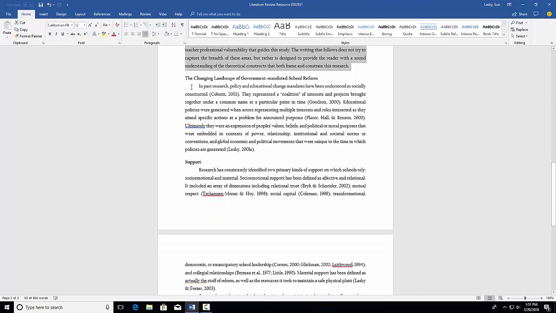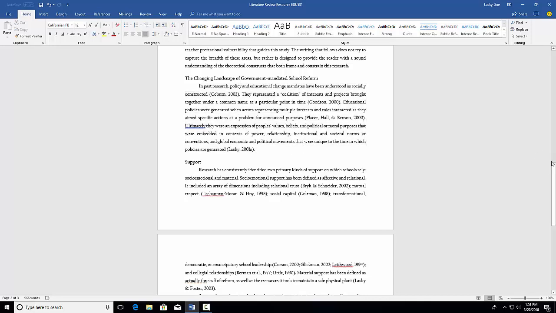With each new theme that you introduce, you do demarcate it or identify it with a level 2 heading. In this particular section, the only topic discussed is the changing landscape of government mandated school reform.